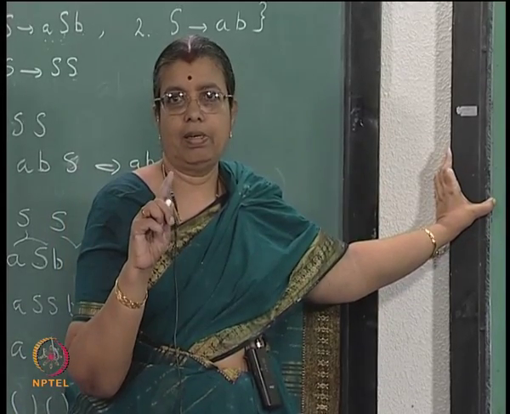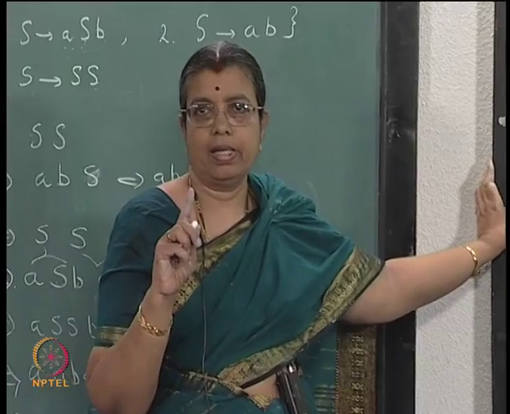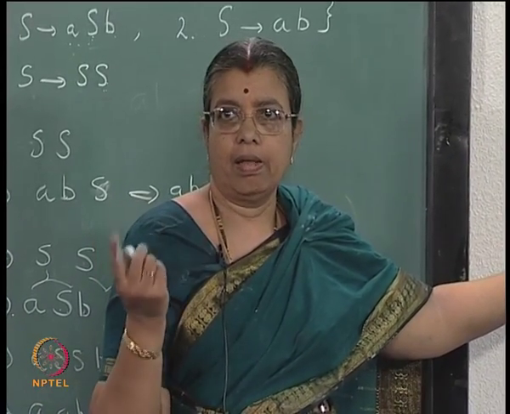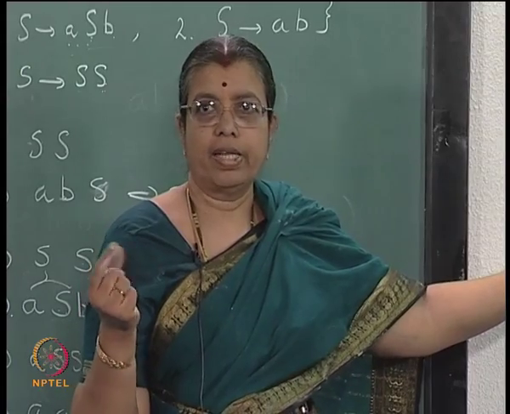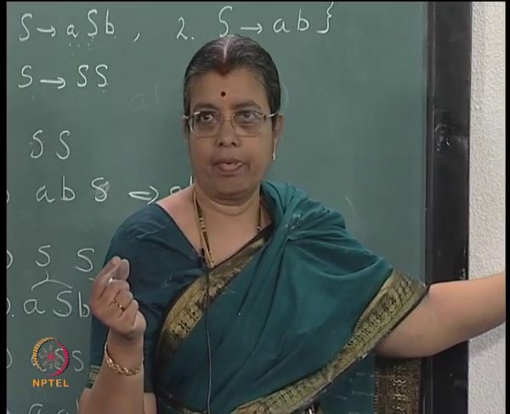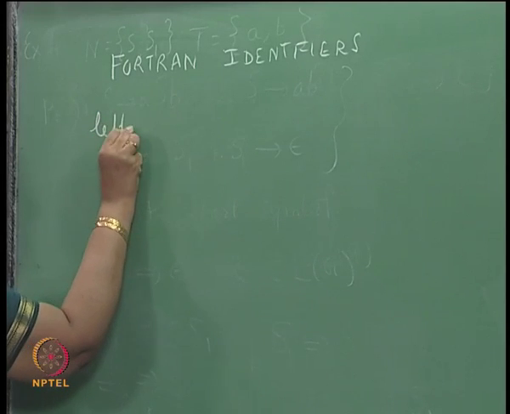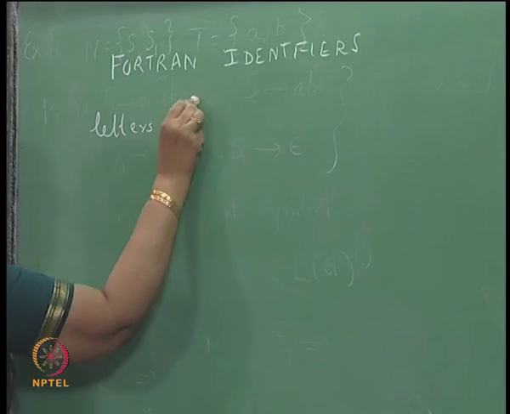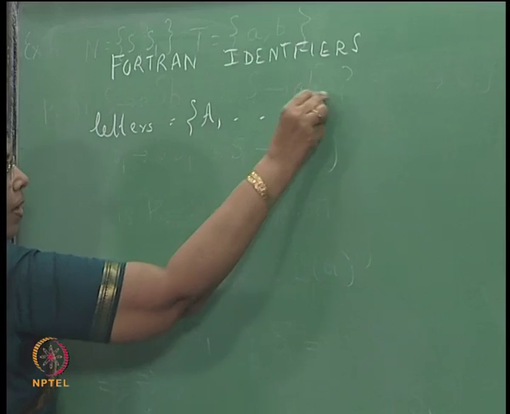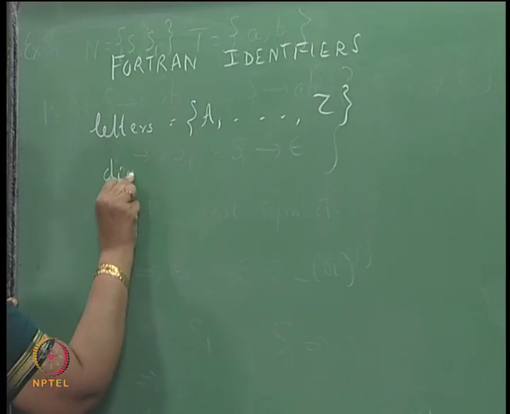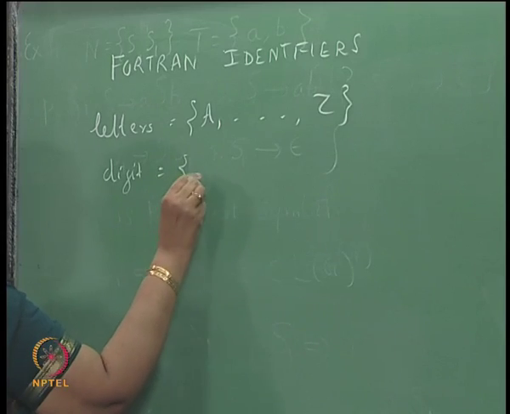The first one will be a letter, the second to 6th can be a digit or a letter. Okay. So, we will use letters, I would mean I use capitals only, you can change it. Digit denotes 0 to 9, right.